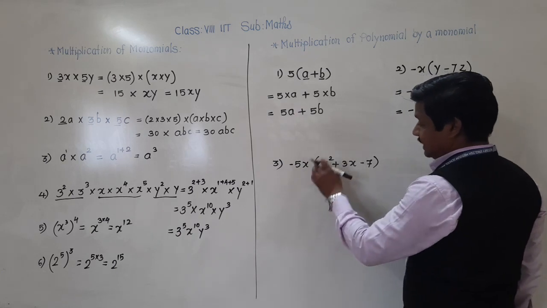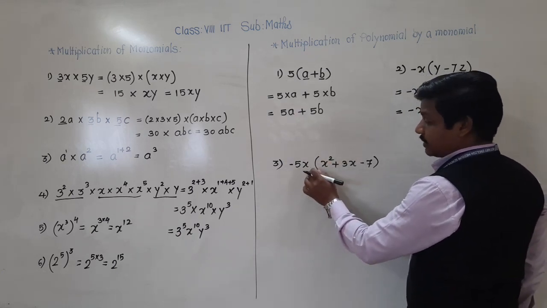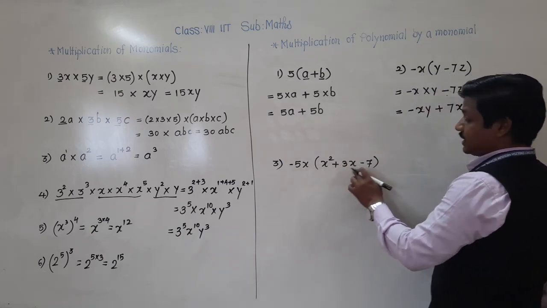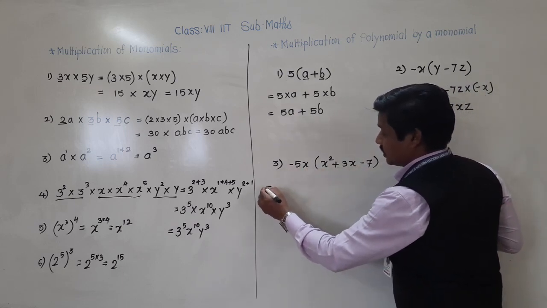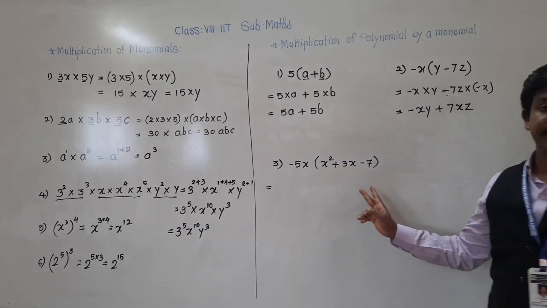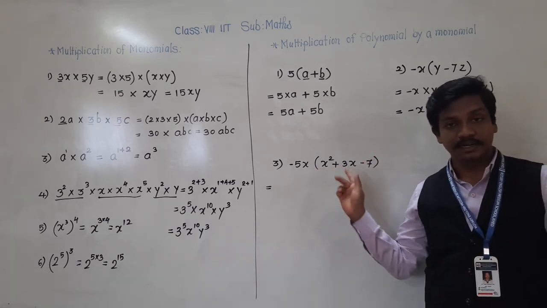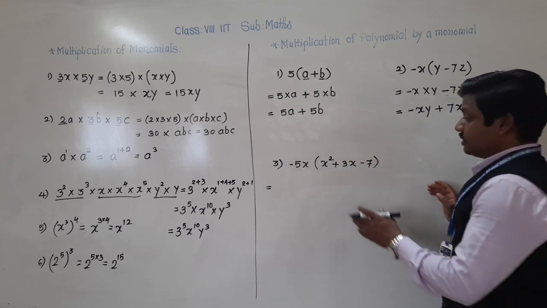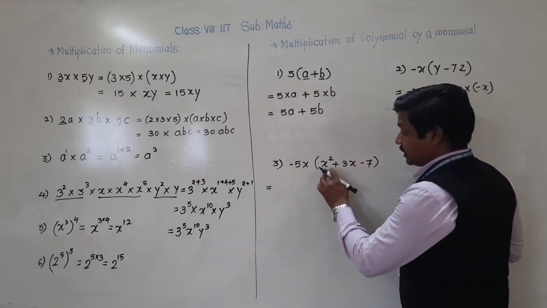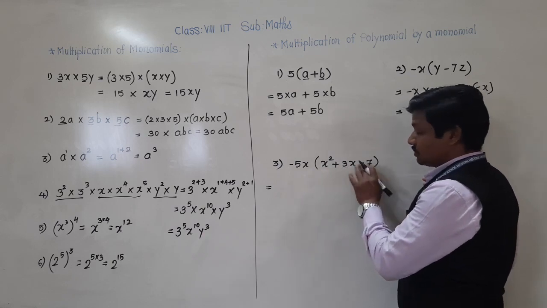Here see, minus 5x multiplied by, in bracket, x square plus 3x minus 7. So this polynomial is multiplied by this monomial. Here 3 terms are there in the bracket, so we have to multiply all the 3 terms by minus 5x. Keep this in mind. What students do is they only multiply the first term and these 2 terms they do not multiply.